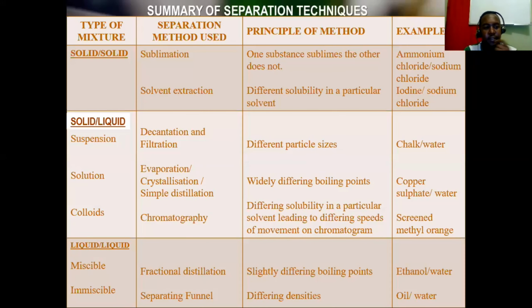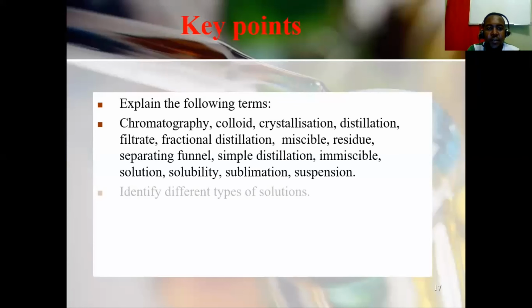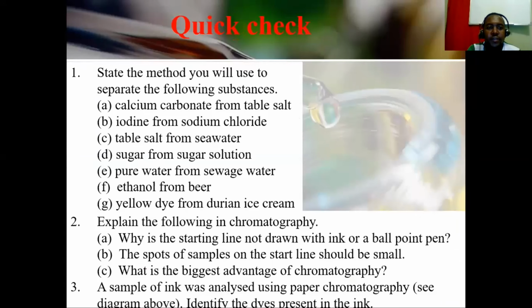All right, so this table here gives a specific layout of your different types of mixtures and the different methods that you'd use to separate those types of mixtures, which we did before. So let's look at this one now.